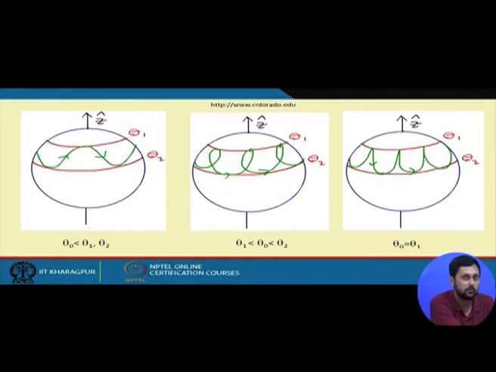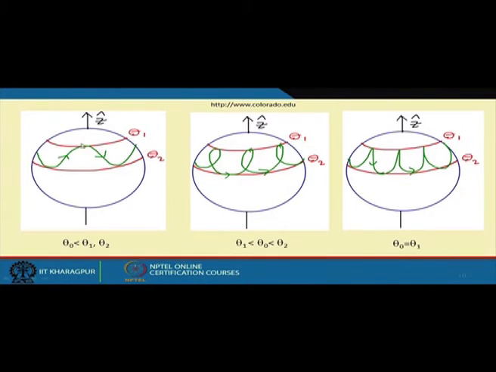Now, let us switch to the computer screen here. This describes the first case where theta 0 is less than both theta 1 and theta 2, so we have precession speed greater than 0 at both limits. That means if I am tracing the tip of the top as a function of time, because it is a fixed length, it has to be on a sphere.